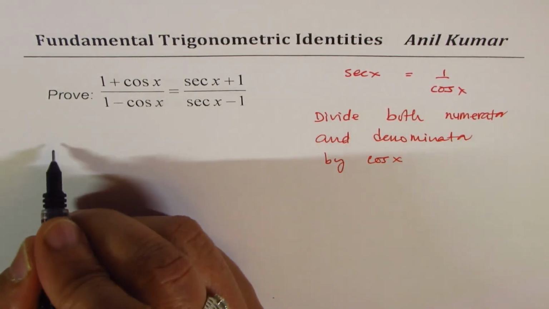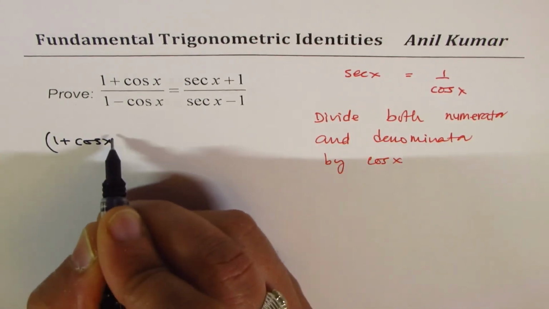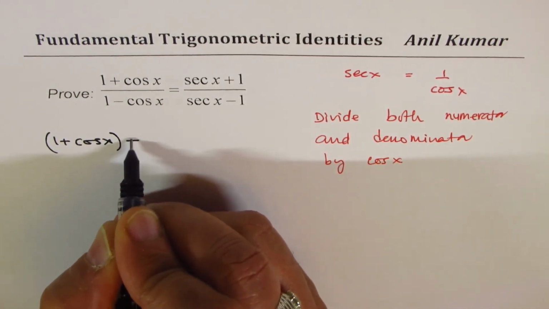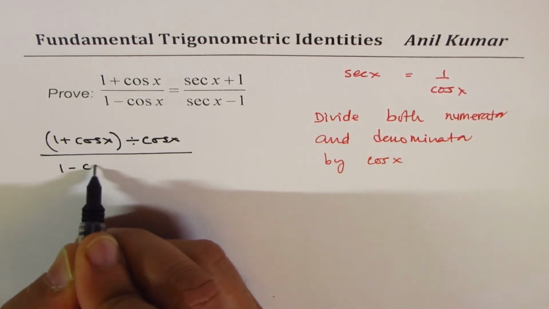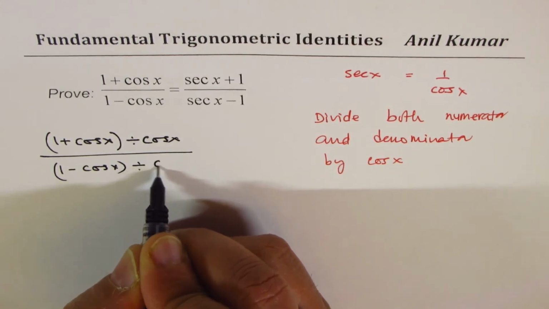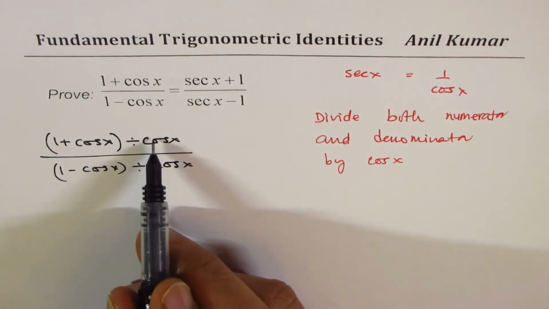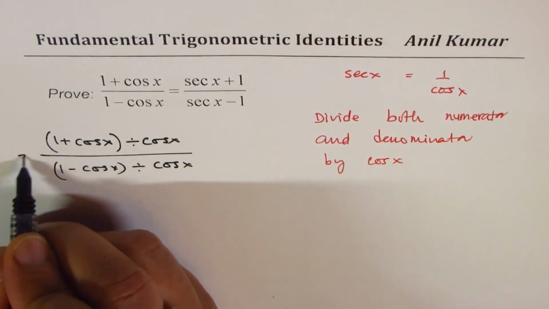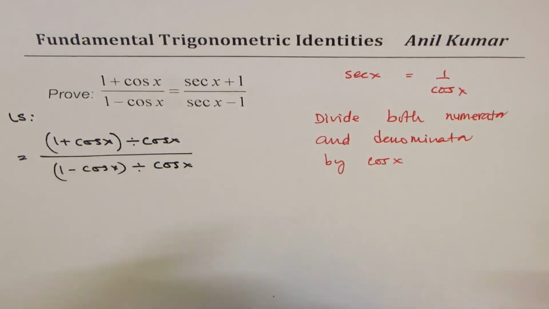Let me rewrite the question. So we have 1 plus cos x in the numerator. We are going to divide this by cos x, both the terms, and we have 1 minus cos x. We'll divide both of them by cos x, right? Since we are dividing both by cos x, it means multiplying by 1. Is it okay? So that is the left side for us. So what do we get?